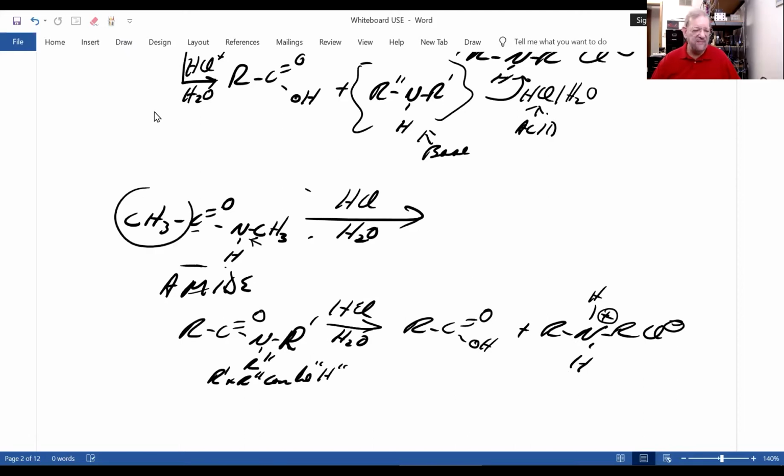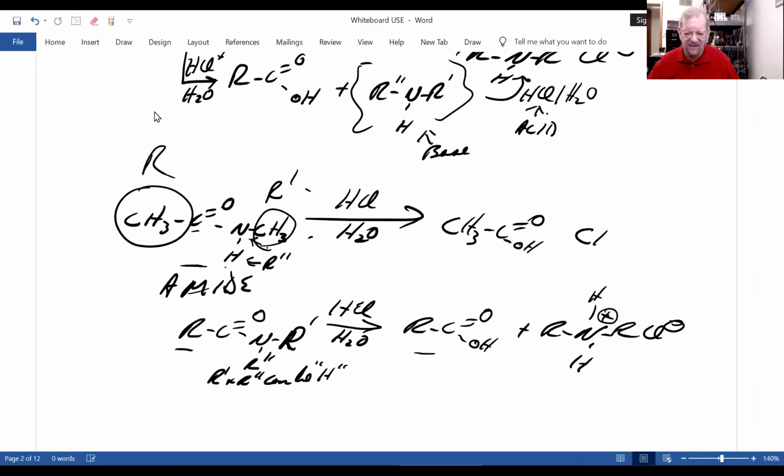So if we look here, I'll call that R. I have a methyl group on nitrogen, I'll call that R prime. And then this hydrogen on that nitrogen, I'll call R double prime. And therefore, if we look at what we get, I'll get acetic acid, and then R prime is methyl, R double prime is hydrogen, and you add two more hydrogens to make the amine salt.